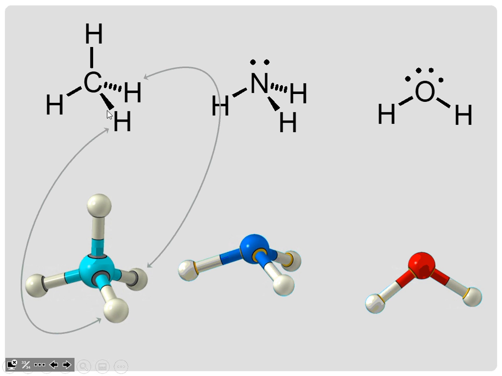So if I have a model kit that I built this with, you can see that if I have these two on the plane right here, there's my plane, and one goes in front of the plane, one goes behind the plane, right? So that's what this wedge and that dash signifies.